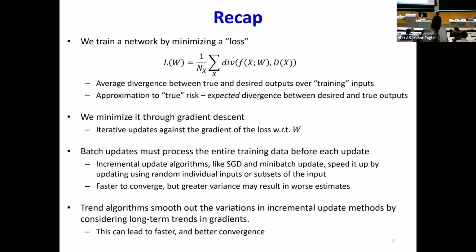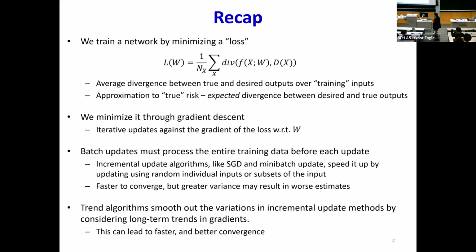And we minimize this through gradient descent, where we take iterative steps against the gradient. Now, we also saw that in principle, you want to adjust the network parameters everywhere over all of the training samples at each step. But this can be slow, and so we use incremental update algorithms like stochastic gradient descent and mini batch update to speed it up by updating the parameters using random samples chosen from our training set.